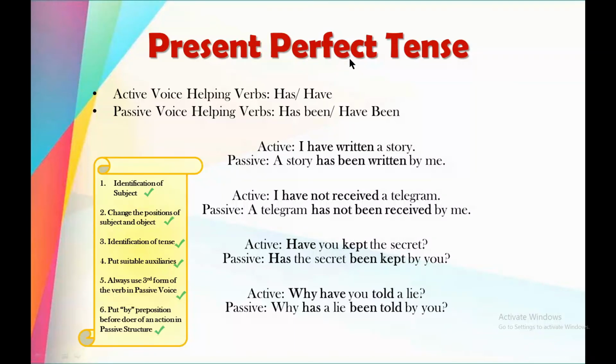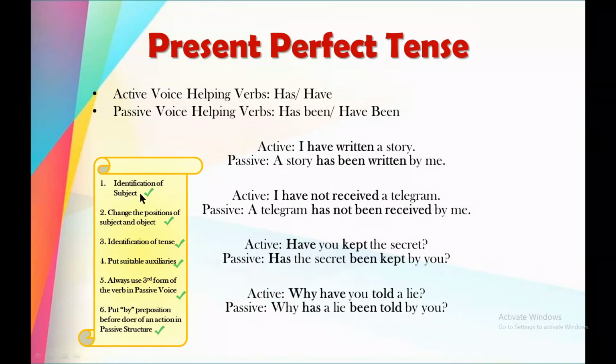If we talk about present perfect tense, my dear students, one thing we have to do differently. In present perfect tense, we use helping verb as has or have, but in passive voice, what we need to do is we have to use has been instead of has and have been instead of have. All the 6 rules would remain the same.